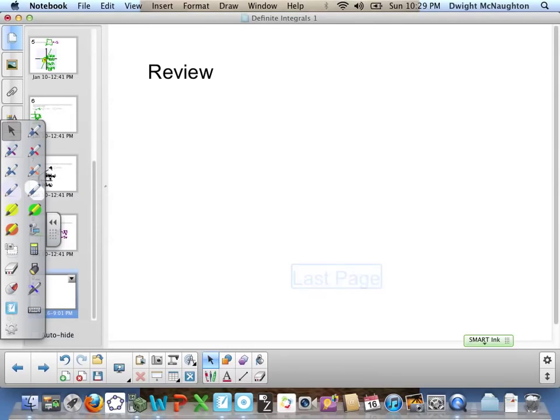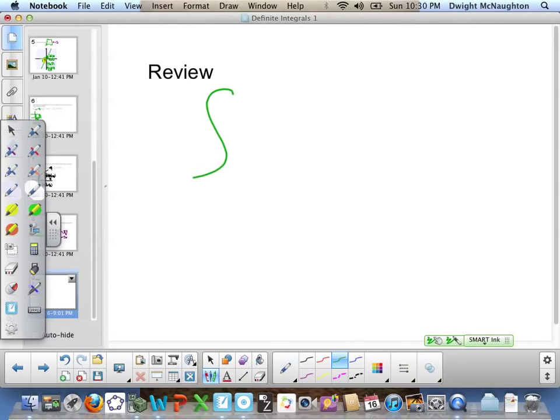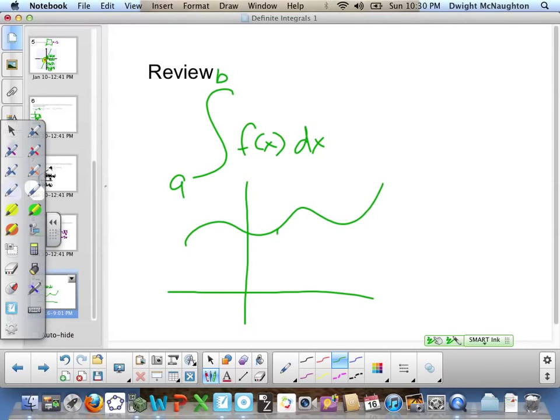So, review. A definite integral is another way to express the area underneath a curve. The antiderivative of f of x with respect to x between two values, say a and b, means we're looking for the value, or the area, underneath the function from a to b.